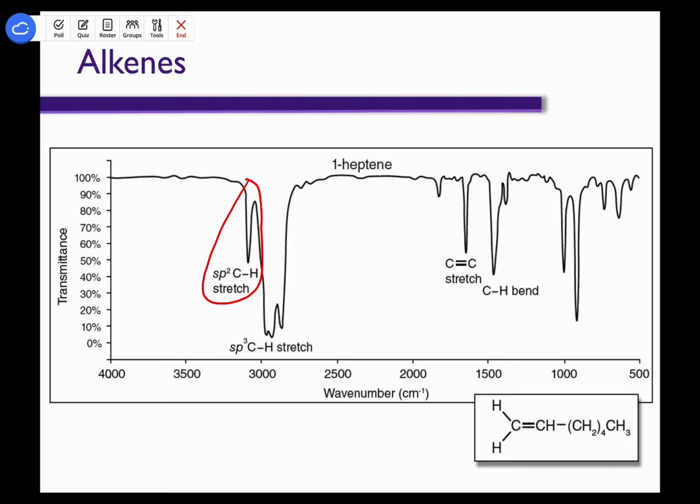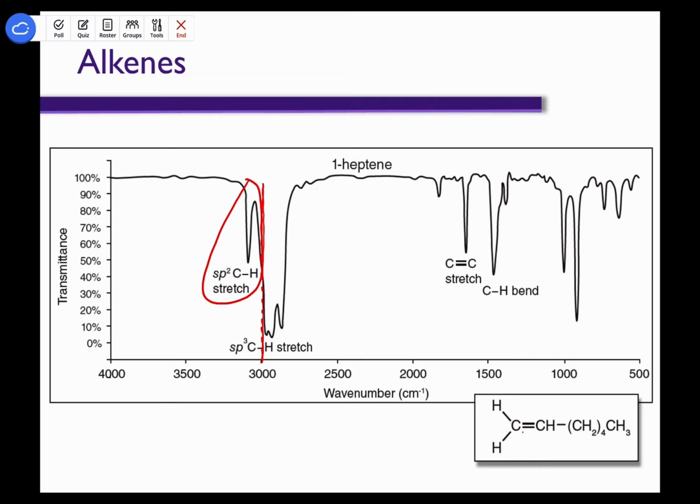How do we know it's an sp2 carbon hydrogen stretch? We can see it's just over the 3000 wave number line. So if we drew a line up here at 3000 wave numbers, we can see the sp2 carbon hydrogen stretch is just bigger than 3000.